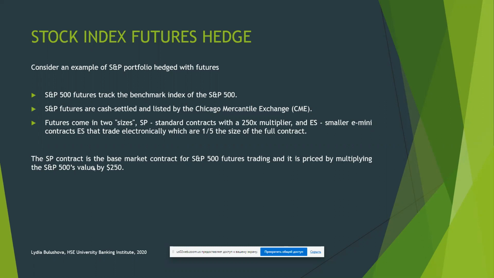So if you'd like to purchase one futures contract, you have to have $50,000 US, if we talk about S&P futures. And if you follow these links, you can have a look at other contracts available.